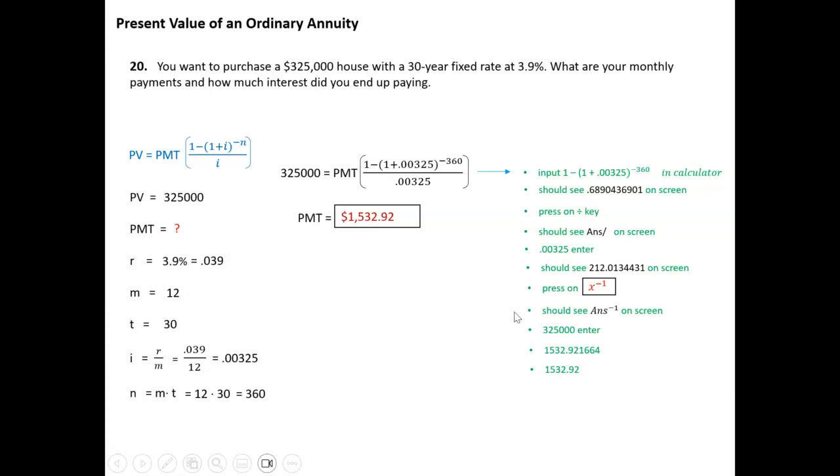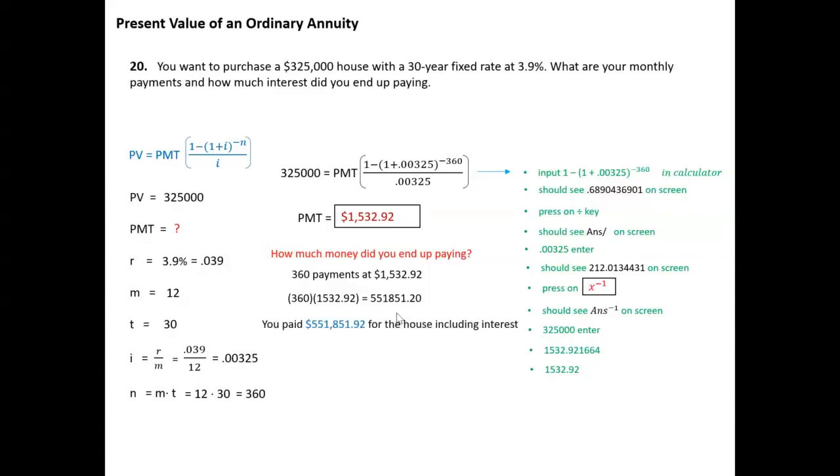For the second part, how much money in interest did you end up paying? So again, it's kind of similar to number 19. You made 360 payments, and each payment was $1,532.92. So you're going to multiply the payment times the number of payments, which will give us $551,851.20.